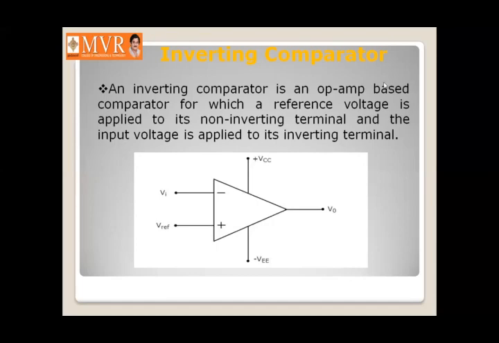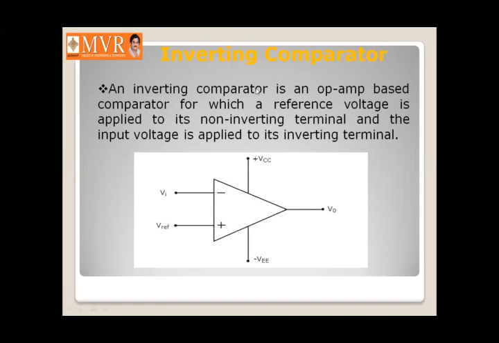In this way, the output of the op amp is going to change between these two values, plus Vsat and minus Vsat.